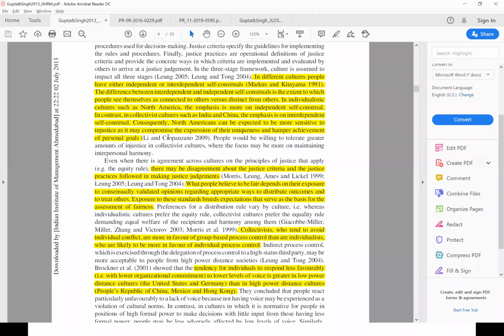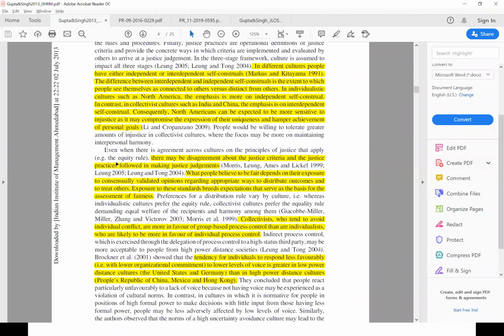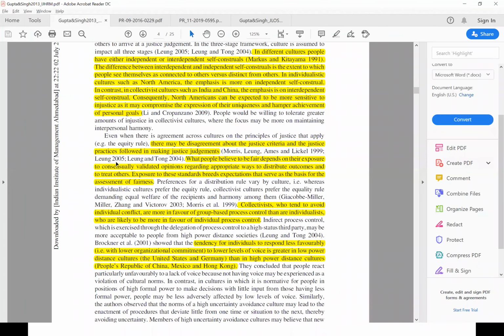And then this line is coming from what Lee and Cropanzano said in 2009, that they are more sensitive. And again, this is my writing, which is people would be willing to tolerate greater amounts of injustice in collectivist cultures, where the focus may be more on maintaining interpersonal harmony.